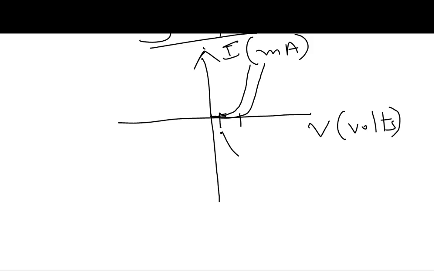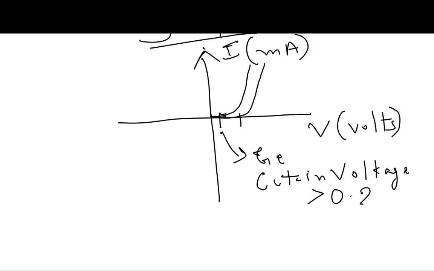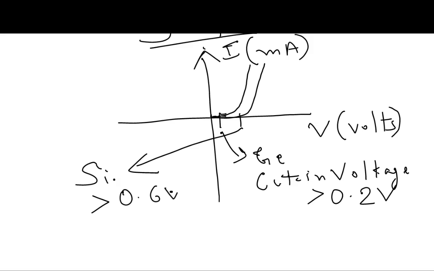So this is for germanium, where the cut-in voltage or the knee voltage has to be greater than 0.2 volts, while for silicon it has to be greater than 0.6 volts.